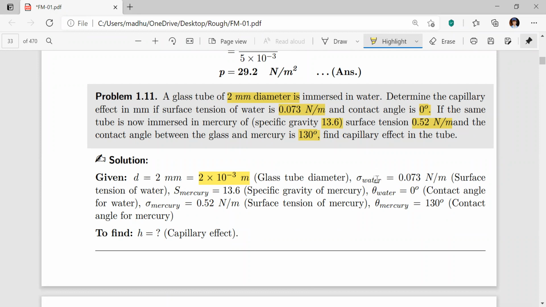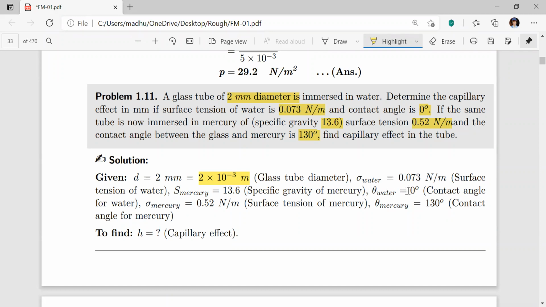Sigma of water. What do you mean by sigma? Sigma is nothing but surface tension. So 0.073 Newton per meter is the surface tension for water. S of mercury is the specific gravity of mercury, 13.6. It doesn't have any units, therefore it is the standard.